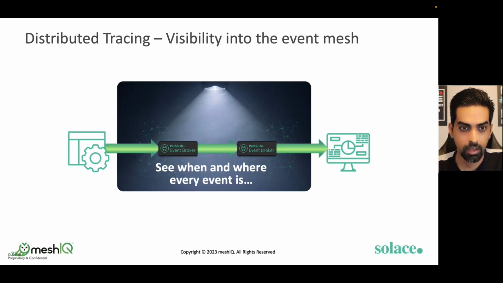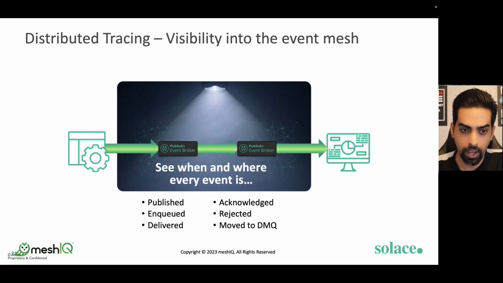Okay. So what exactly is distributed tracing? Well, it allows you to see when an event enters your event mesh, when it traverses a link between the event mesh, and when the consumer or microservice was able to process it.